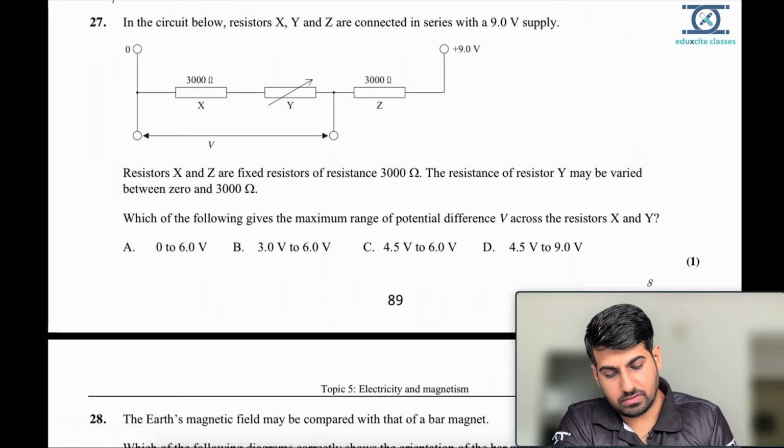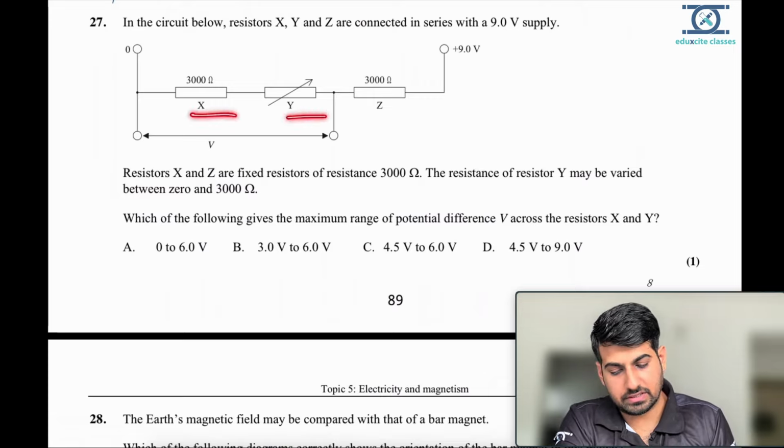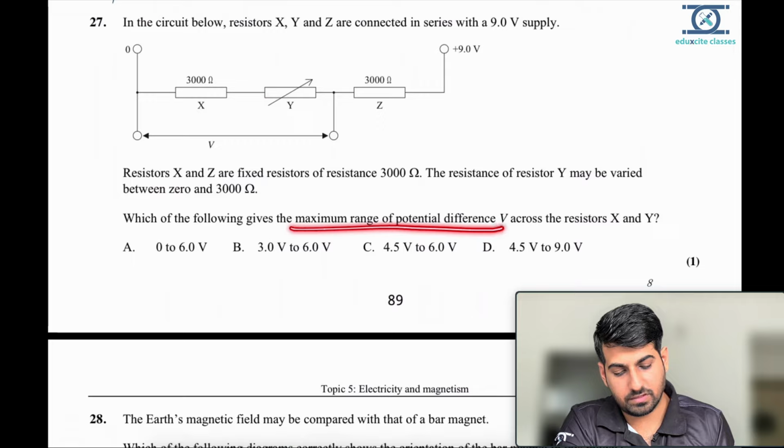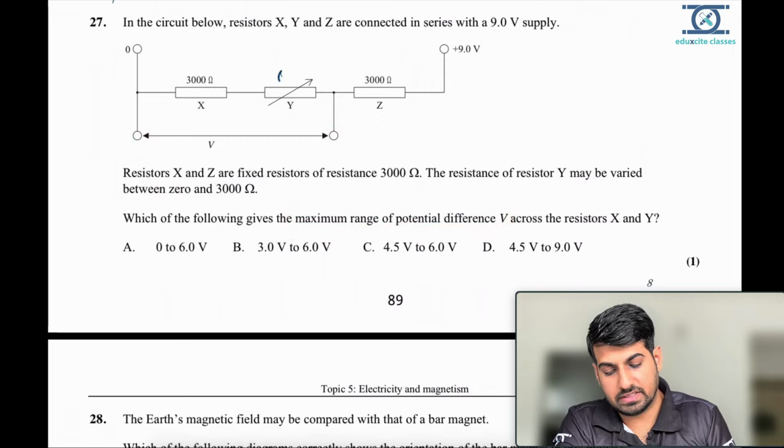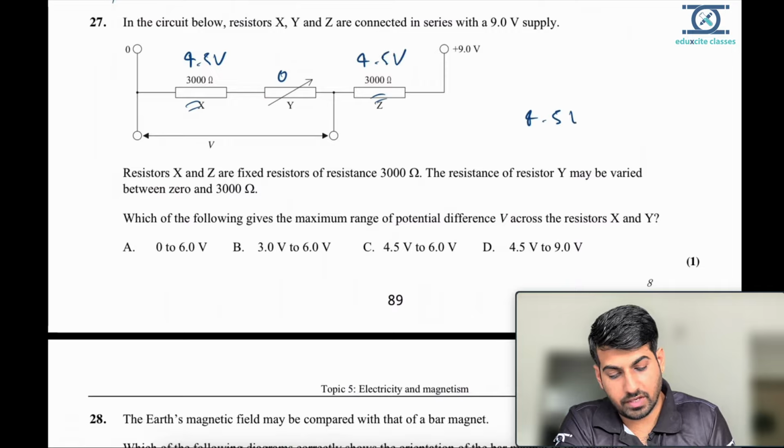Now in question number 27, there are 3 resistors. One is a variable resistor which can be varied from 0 to 3000. We have to find the range of the potential difference V across these 2 points. Let us say this is 0, so this will be 3000, this will be 3000, so 4.5 volt here, 4.5 volt here. So it will start with 4.5 minimum.